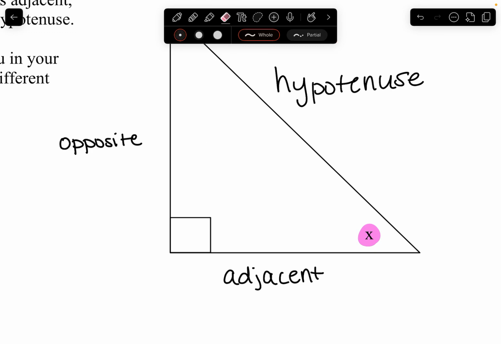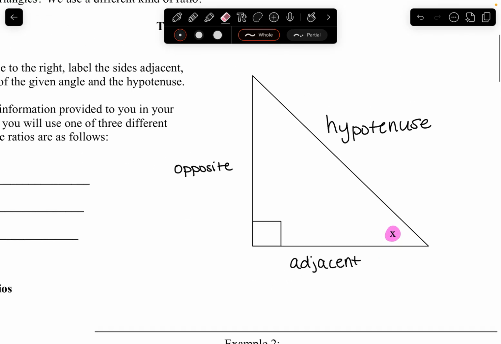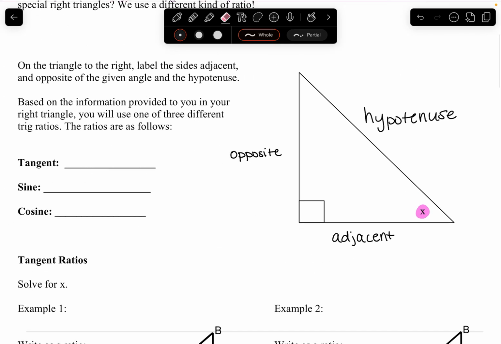Okay, now the way trig works with sine, cosine, and tangent is depending on where your angle is, and then what side information you were given, you will use one of these 3 trig ratios. So I'm going to show you what the trig ratios are. For tangent, which is what we are doing today, tangent ratios are when you have the opposite side over the adjacent side.